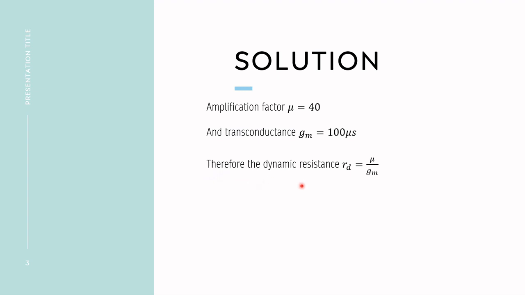Therefore, the dynamic resistance Rd equals mu divided by gm, and from this equation if we put all the values, that is mu equal to 40 and gm equal to 100 into 10 to the power minus 6, we get 400 kilo ohm. So this is the value of dynamic drain resistance of a JFET based on the concept of amplification factor, transconductance and the dynamic drain resistance.